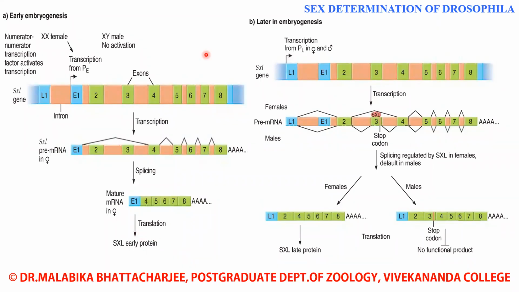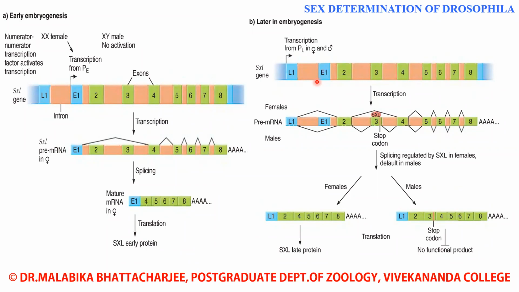But let us imagine the case of males where, as we saw, there was no numerator dimer transcription factor, and as a result there was no presence of SXL early protein.